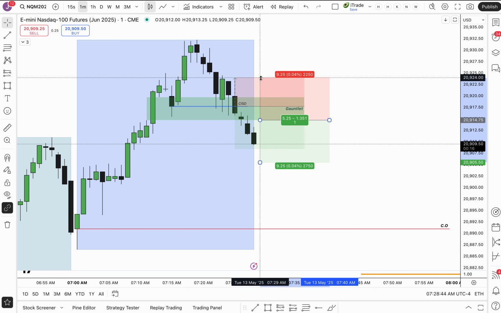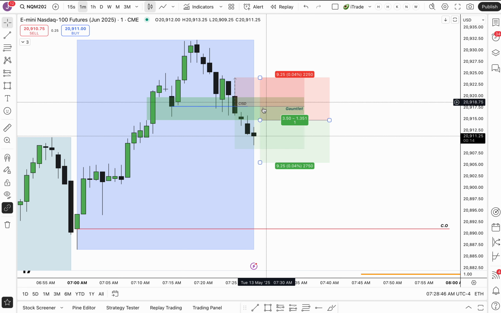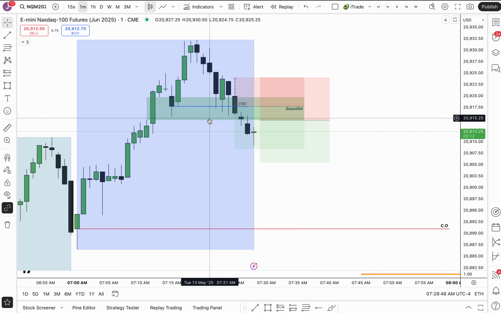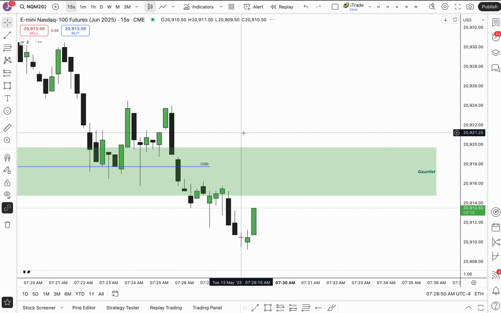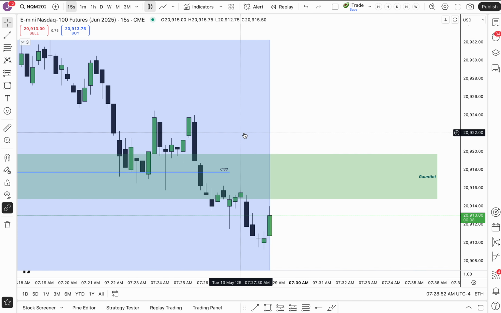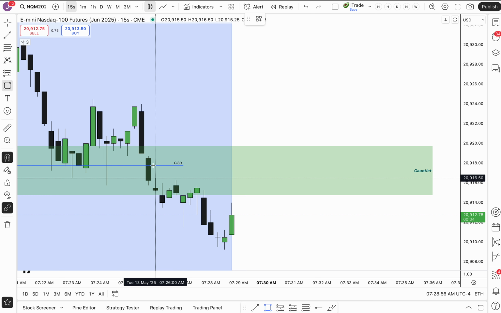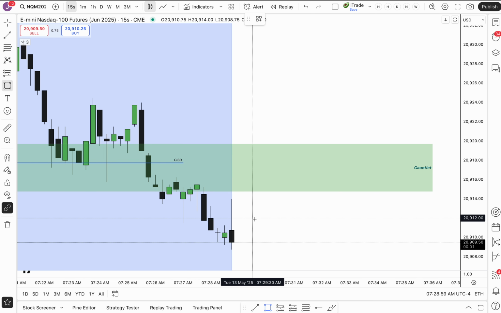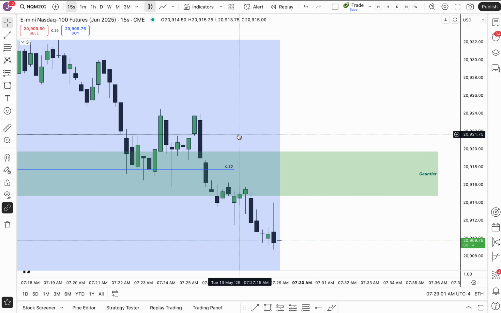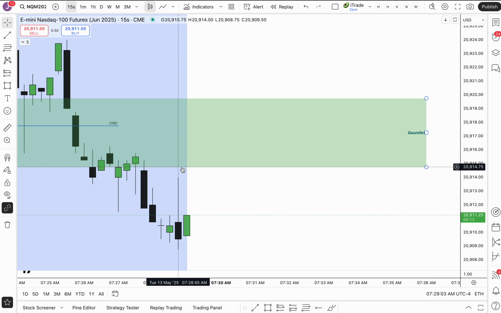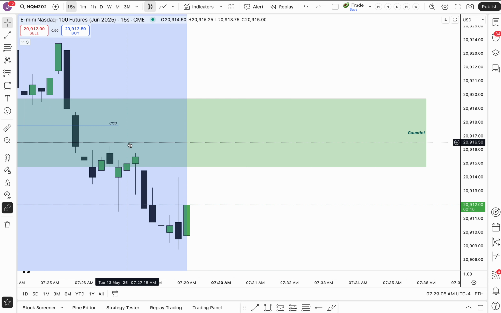When it retests there, you can add another position. So, in this particular case, you probably just want to hit it right when it retests.